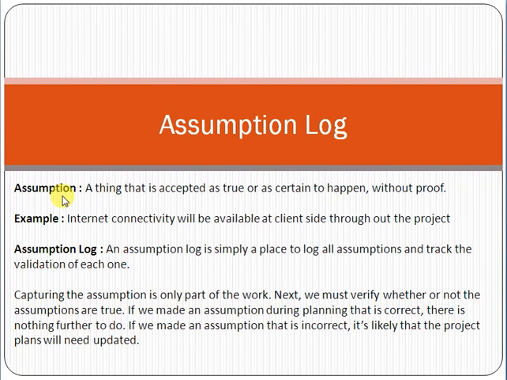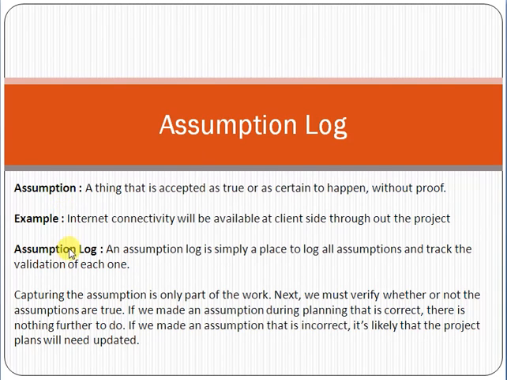This is just an example. But remember one thing, that it may be true or it may be false as well. Assumption is basically a thing that is accepted as true or as certain to happen without any proof. So this is called the assumption.